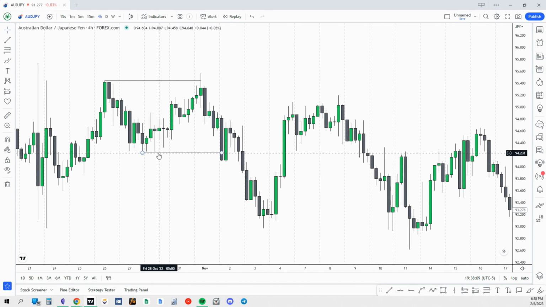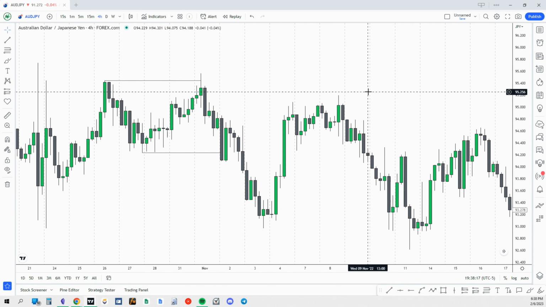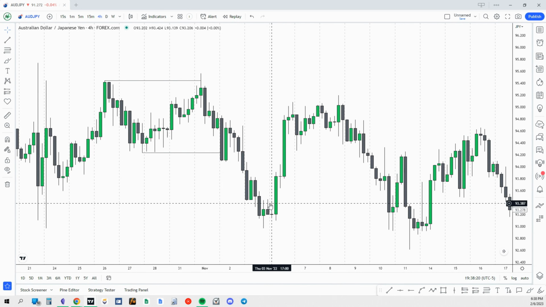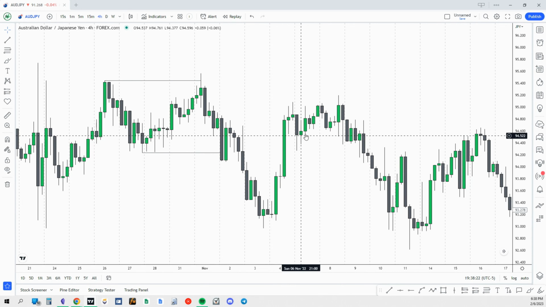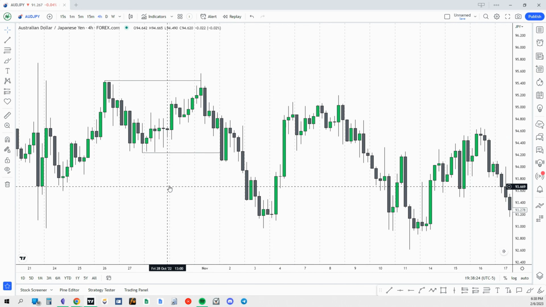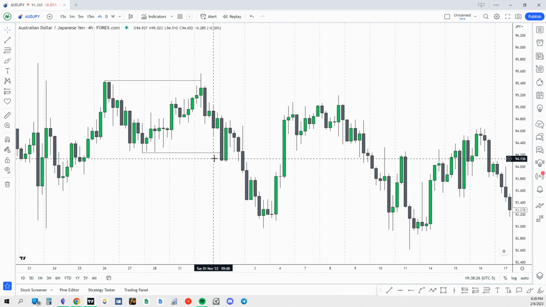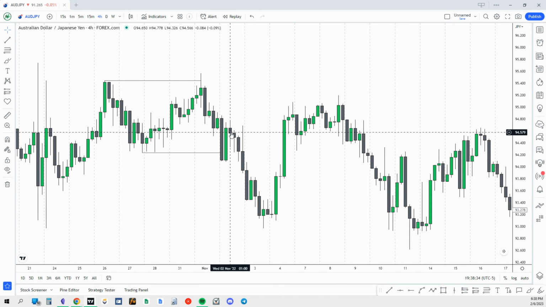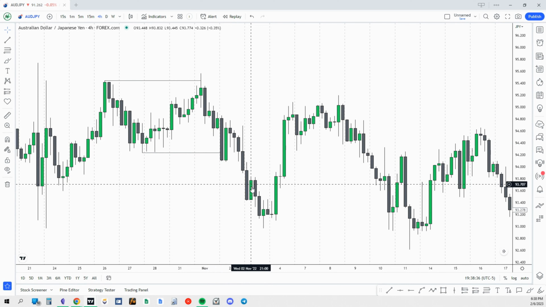Every time we have a break of structure, we can automatically assume that eventually, it doesn't have to be right away, price is going to pull back into that newly created range before it continues on. And it actually did this twice. If you were watching this in a live market, you would see the 4-hour candle close below, it rallied a little bit lower, pulled back into this range, and then continued on.